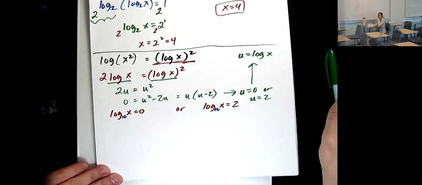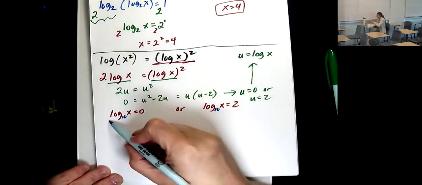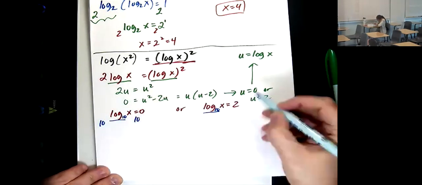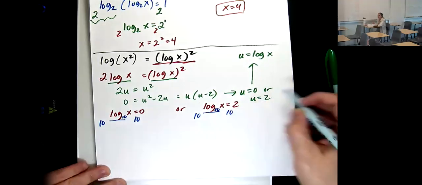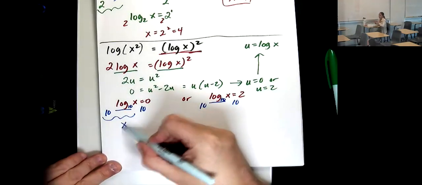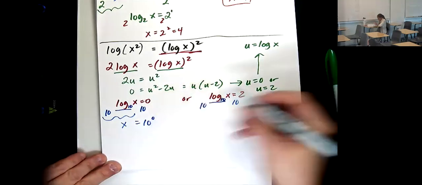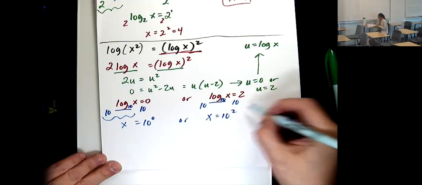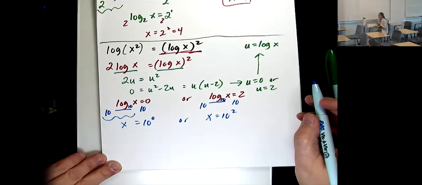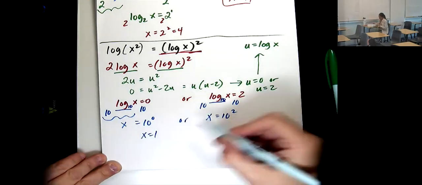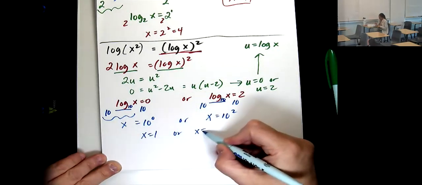Pencil that in, because it tells me what to do. If I want to get rid of the log base 10, I can treat both sides as an exponent for 10. This whole thing becomes x equals 10 to the 0, or x equals 10 squared. So x equals 1 or x equals 100.